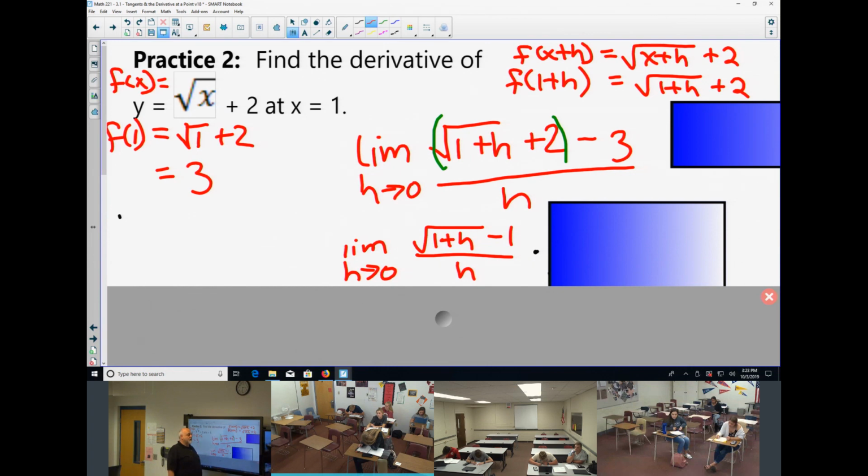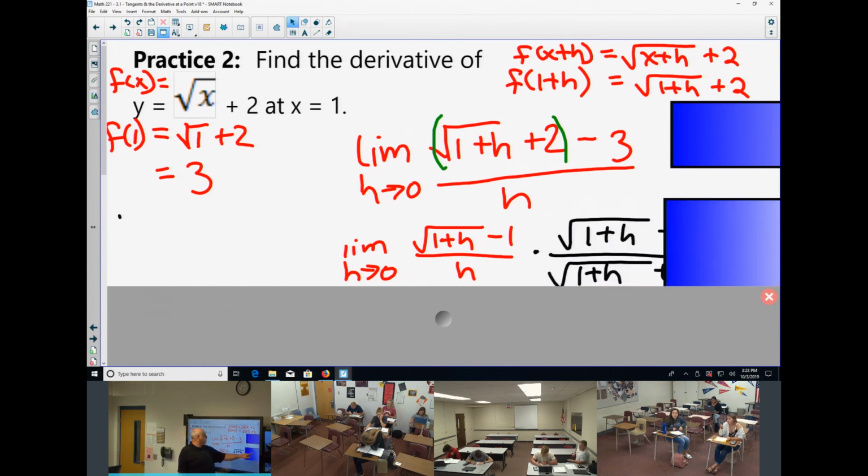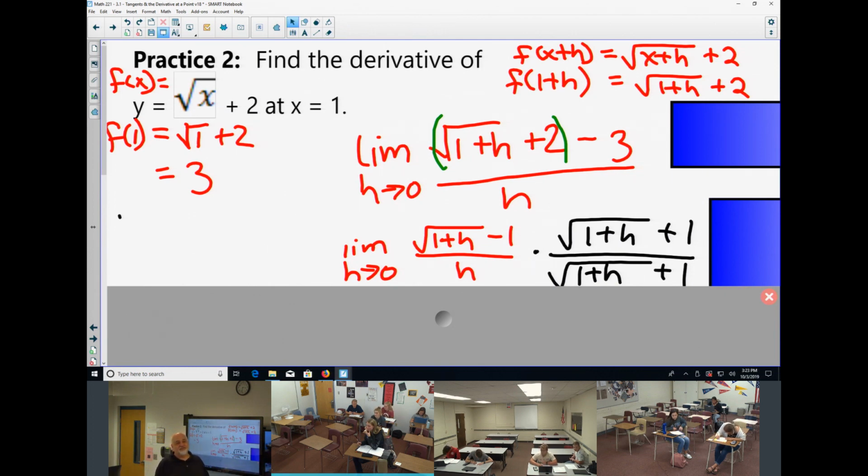Square root of 1 plus h plus 1. There you go. Okay? You think you can do it from there, or you want me to keep talking? I can get it from here. Okay. All right. So let me know when you've got it.